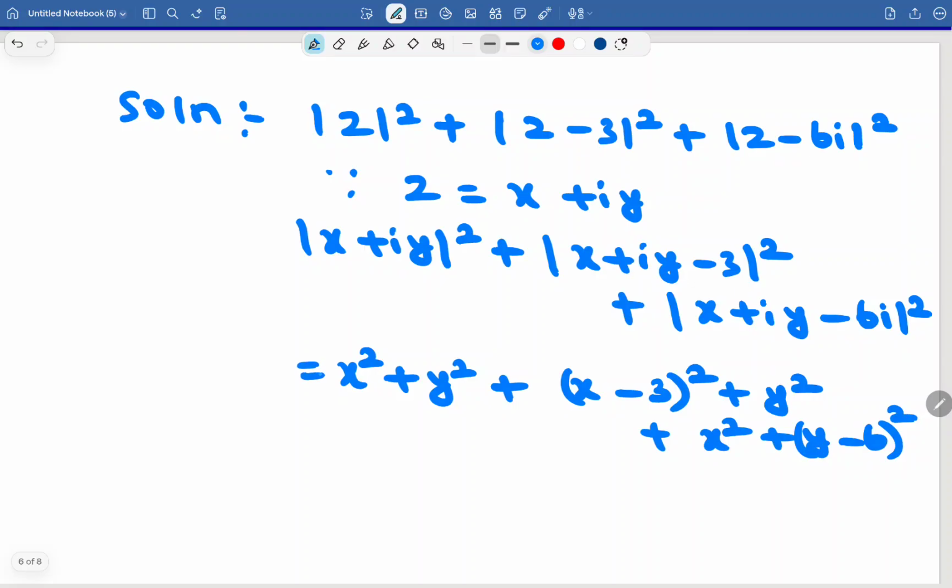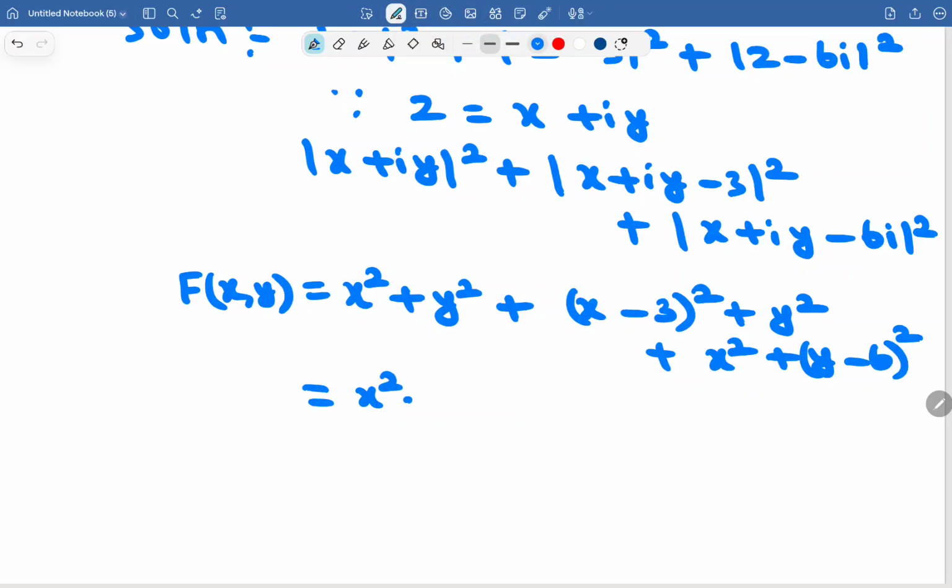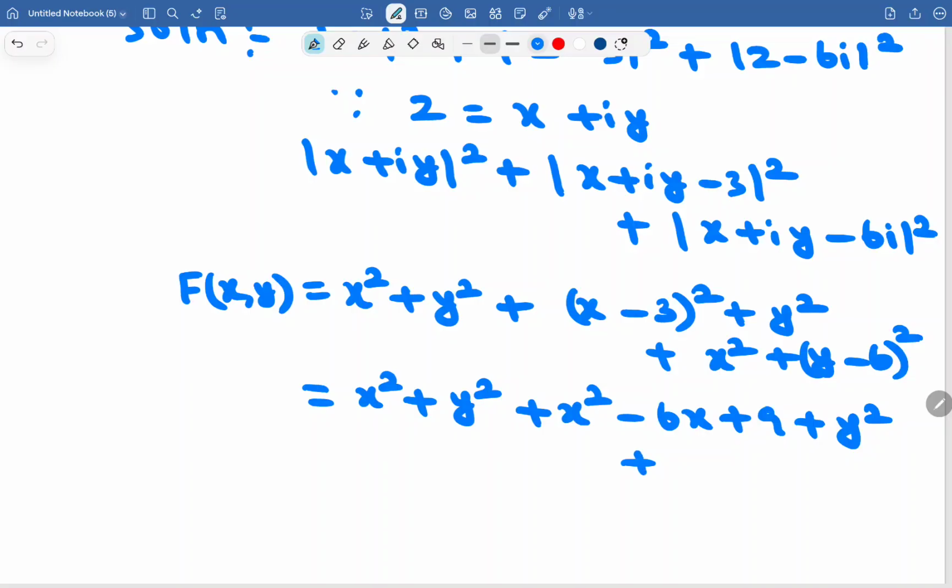Let us take it as some function f of x comma y, which is equivalent to x square plus y square plus x square minus 6x plus 9 plus y square plus x square plus y square plus 36 minus 12y.